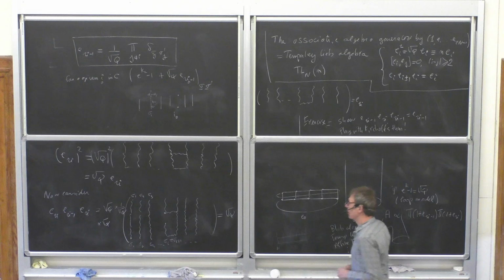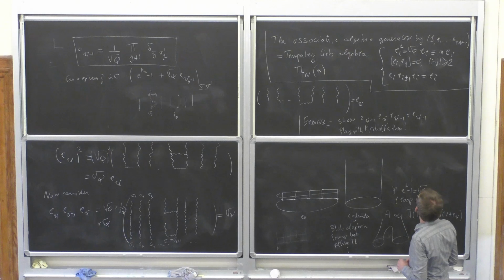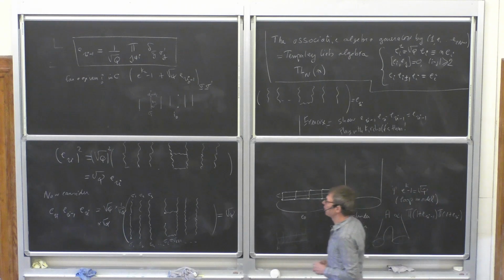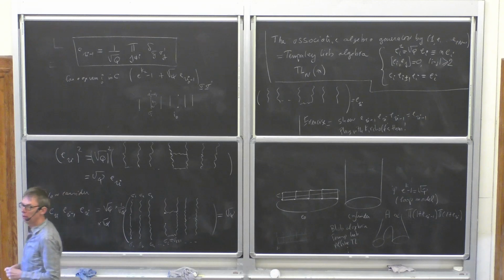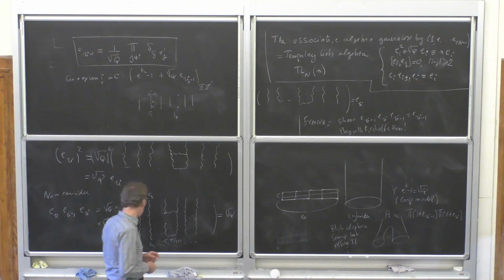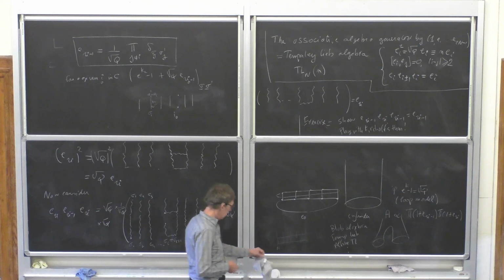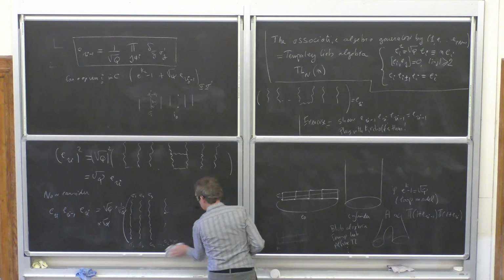All right. I had a couple of questions at the break, which were very good. Mostly the question is, you put square root of q somewhere in your definition, so what if you had defined the e_i differently? Well, yes.